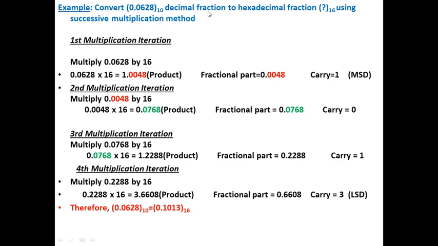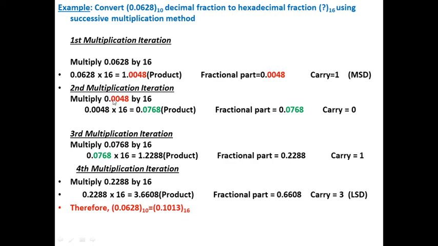It's a decimal fraction. You want to convert it into hexadecimal. So what you have to do is multiply it by 16. You will get this answer. Now the integer part of it, that is called a carry, just keep it aside and move the fractional part. The fractional part is 0.0048, that you carry forward.